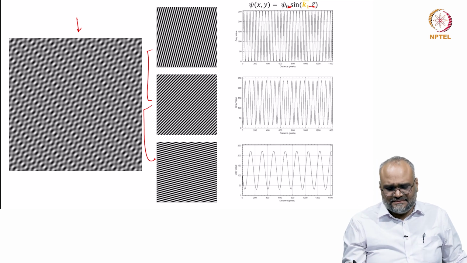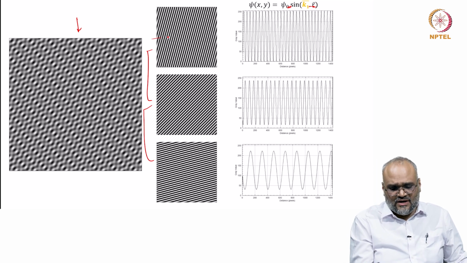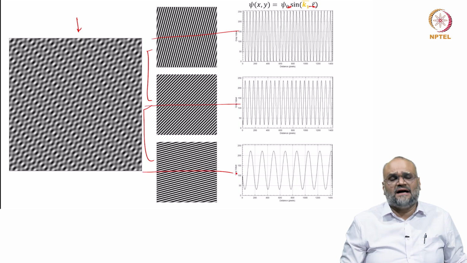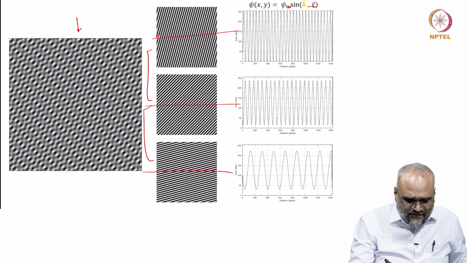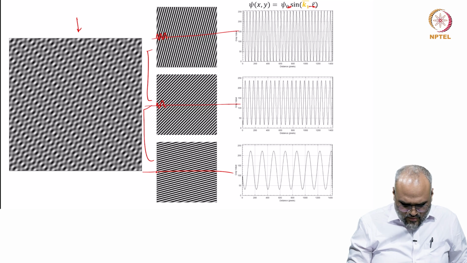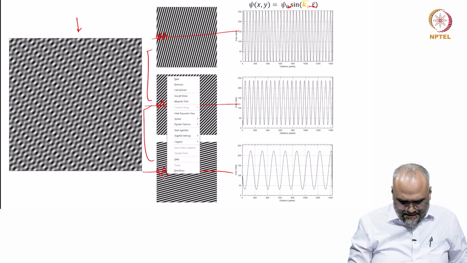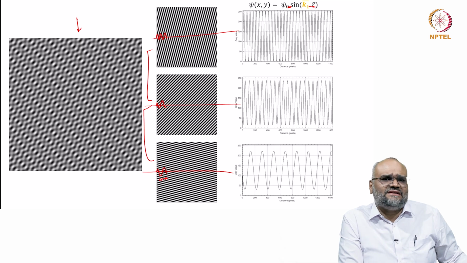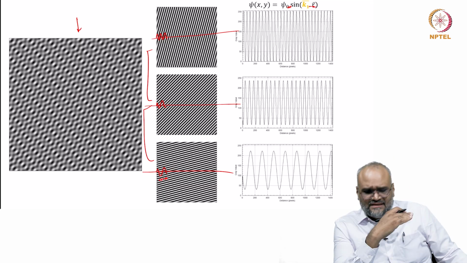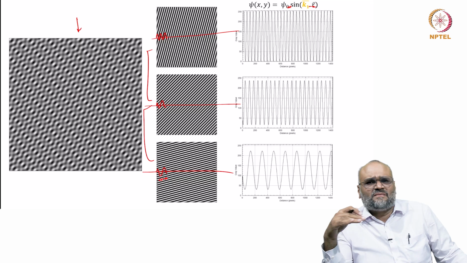So as you can see, if I take a horizontal cross section across these 3, my phase information is actually changing, which is proportional to what I see here, and the width of these or the frequency of these is changing when I look at the histogram on the x-axis.